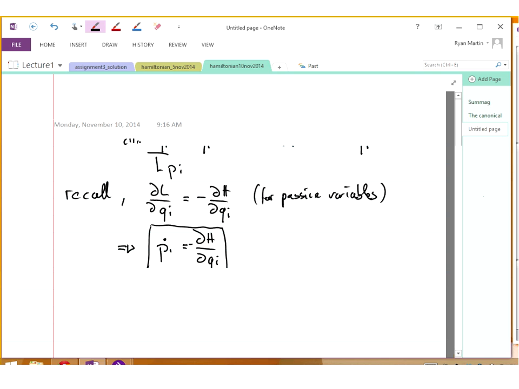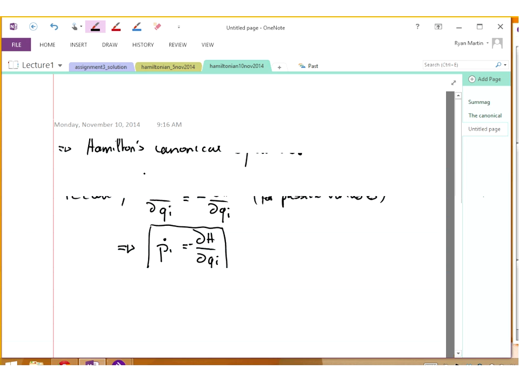what are called Hamilton's canonical equations. And those are that q_i dot is equal to ∂H/∂p_i, and p_i dot is equal to minus ∂H/∂q_i.